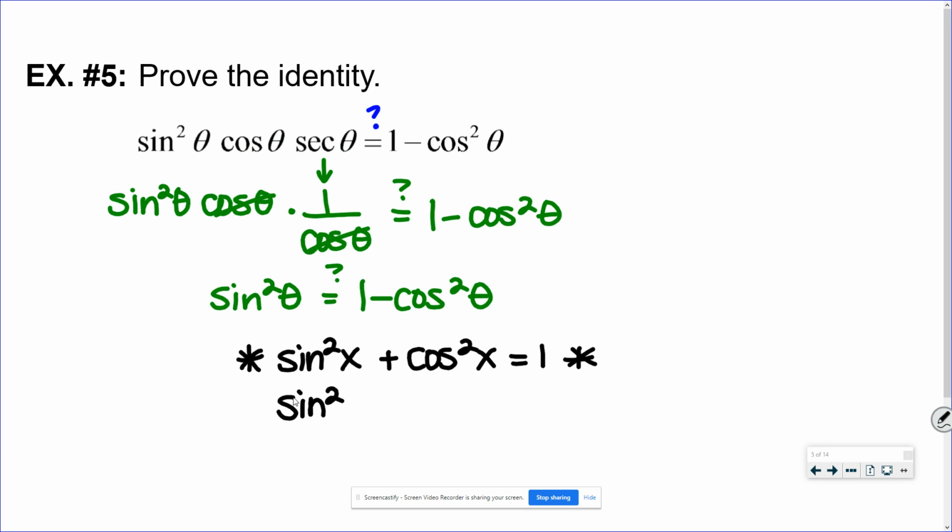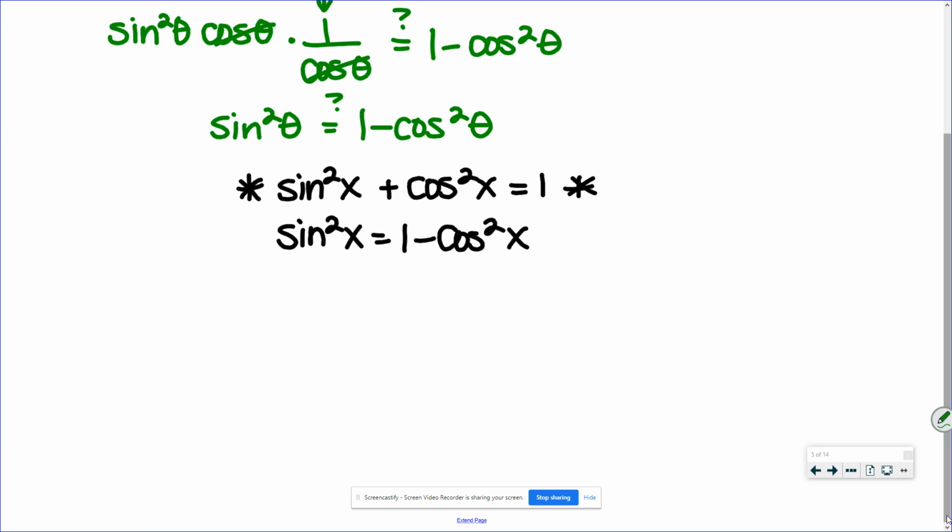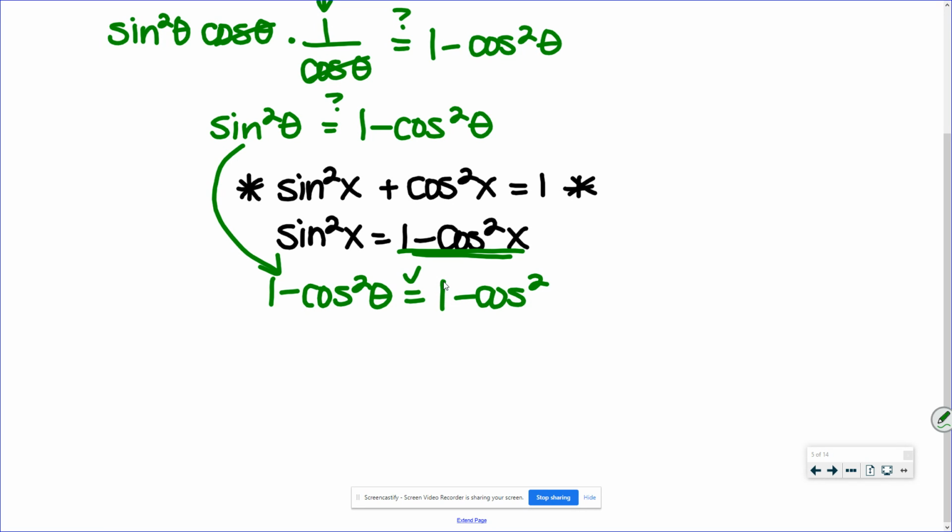Well, if I wanted to get sine squared alone, I would have to subtract the cosine squared. So sine squared is equal to 1 minus cosine squared. So I could take sine squared and write it as 1 minus cosine squared, and that means that we are finished with this proof. We have made the left side equal the right side.